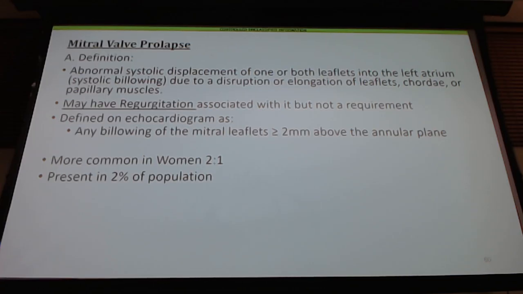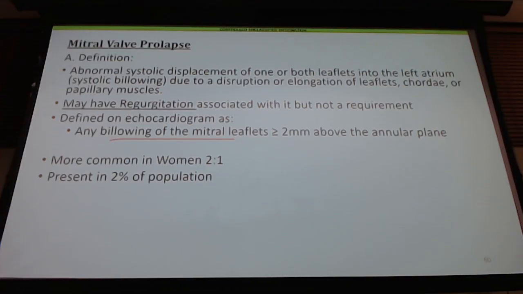Because the prolapse itself is simply the valve leaflets having an excessive movement into the atrium. So it's greater than 2 millimeters. But if the valve leaflets go backwards 2, 3 millimeters, but they still keep the valve closed, you're not going to have regurgitation.